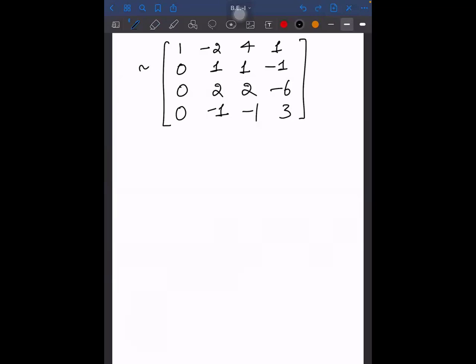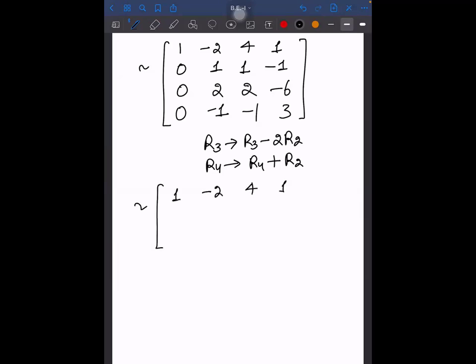Okay, so the next part is to make zeros over here. So I'll operate on R3 with 2 times R2, and for R4 simply add R2 into this. So this will be 1, -2, 4, and 1; 0, 1, 1, and -1.